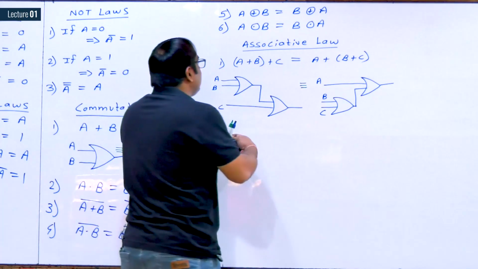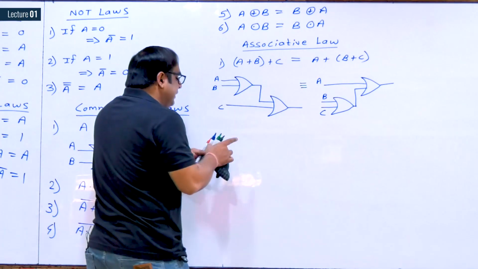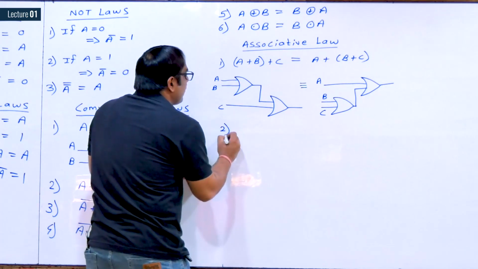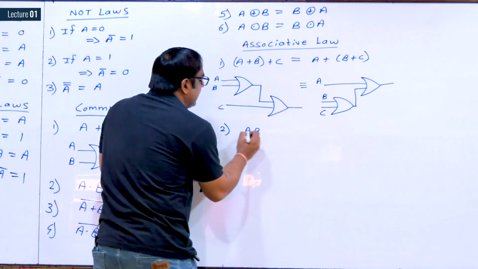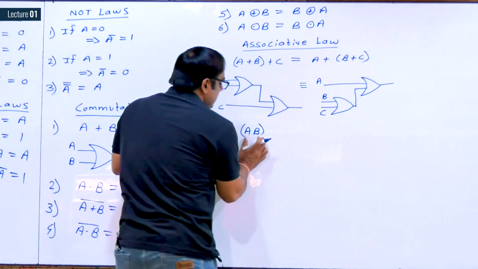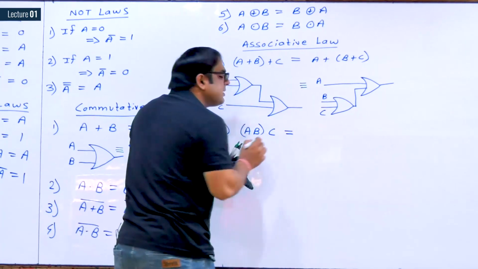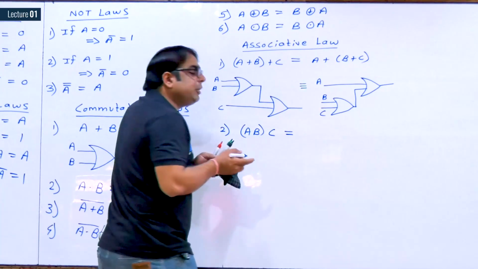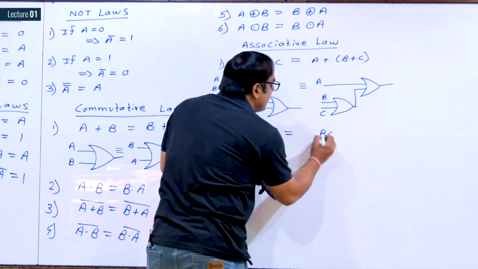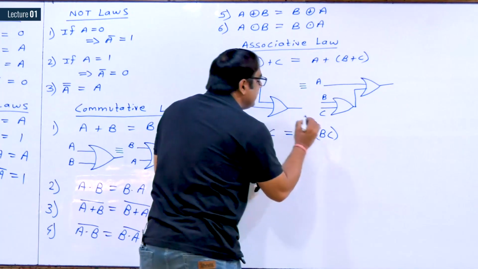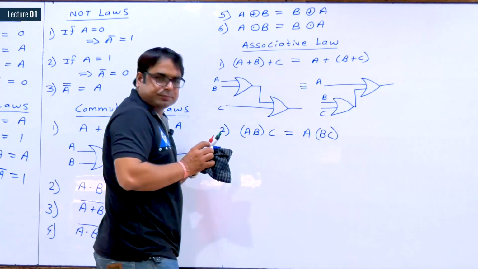In the same way, we have associative law for AND gate as well. It means solving A and B first and then with the output with C, it will be equivalent to solving B and C first and then solving the output with A.